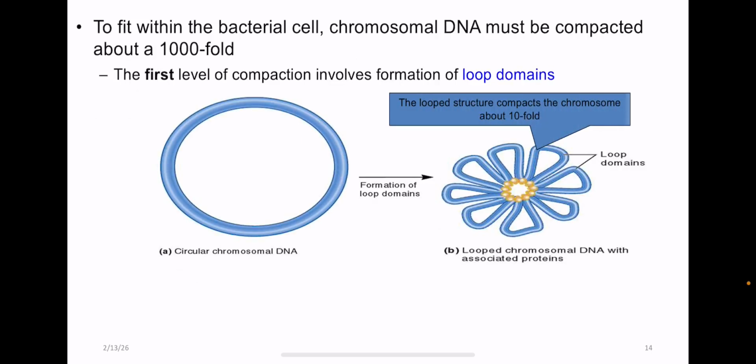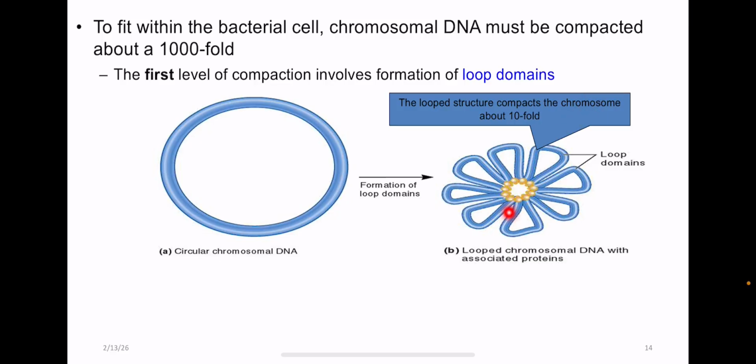Now let's look at how the bacterial chromosome is packed to be able to fit into the nucleoid, or even the bacterial cell. Prokaryotes undergo two levels of folding. The first one is the circular chromosome being folded into loops, the formation of loops.